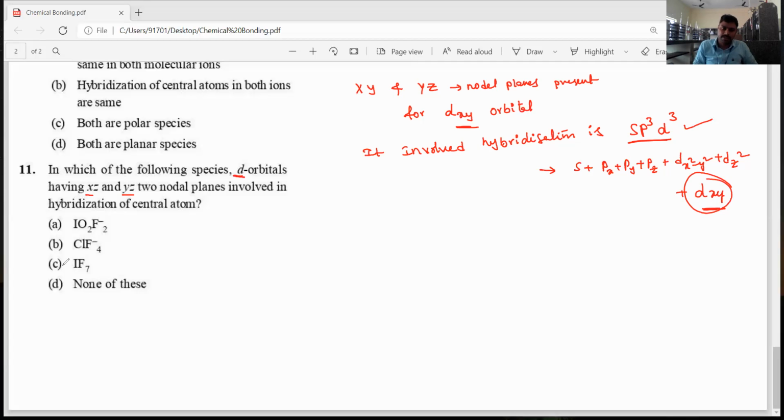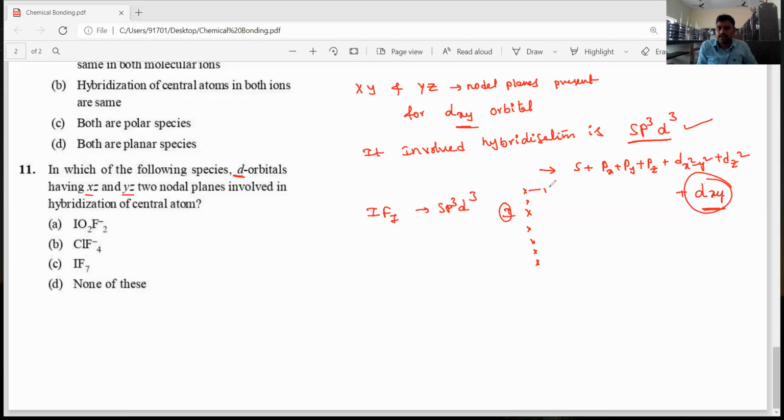If you observe sp3d3 hybridization, IF7 has sp3d3 hybridization. Why? Iodine is the central atom. Students, it has 7 electrons in the outermost shell: 1, 2, 3, 4, 5, 6, 7.